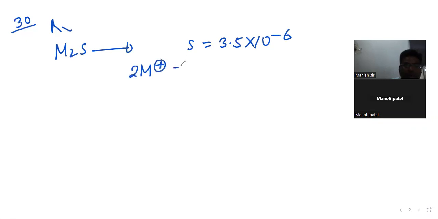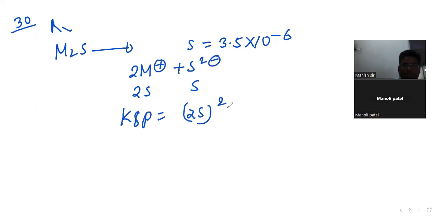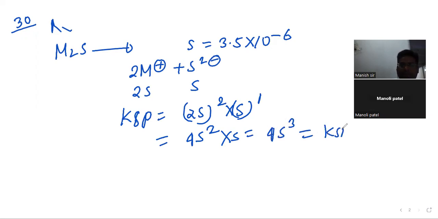So this will be 2S and this will be S. So the solubility product will be (2S) raised to 2 into S raised to 1, so 4S² into S, which becomes 4S³ equal to Ksp.